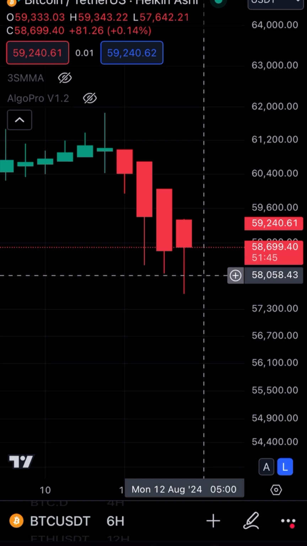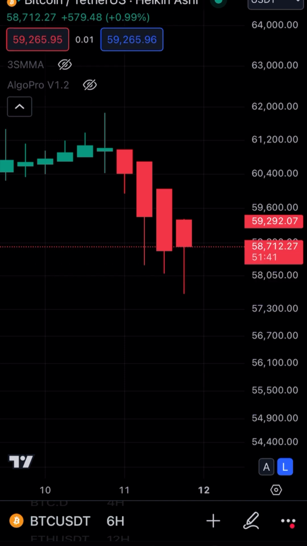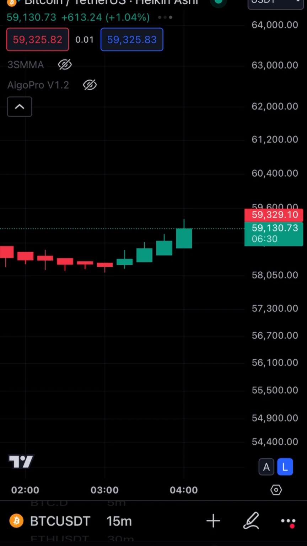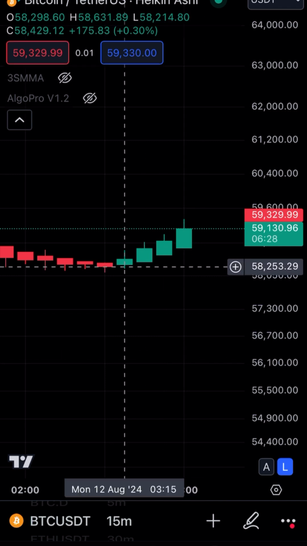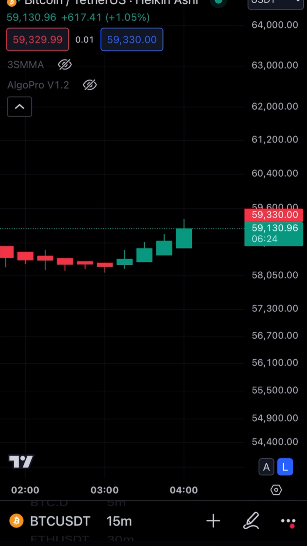There's more of the wick on the bottom showing, which means it's trying to go back up. If you go to a smaller time frame, you'll see that happening right now, because more of the wick is showing on the bottom. So it's been trying to go back up.